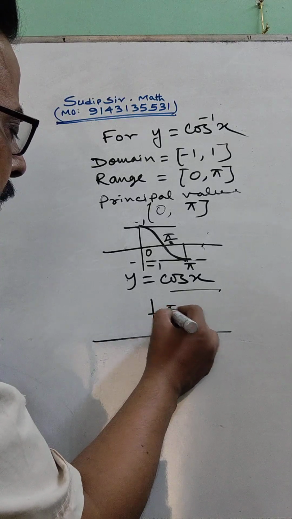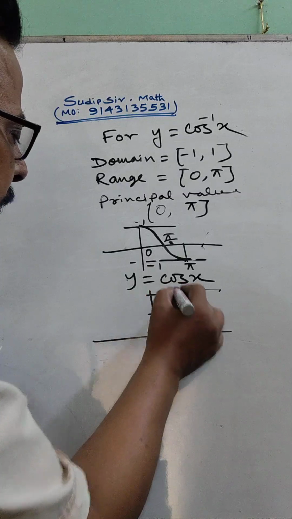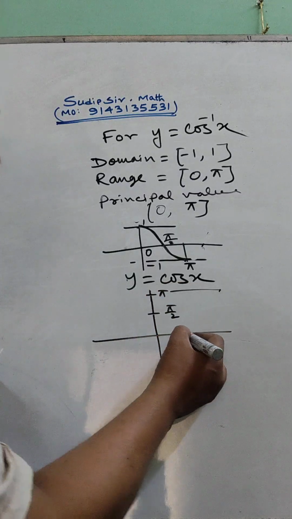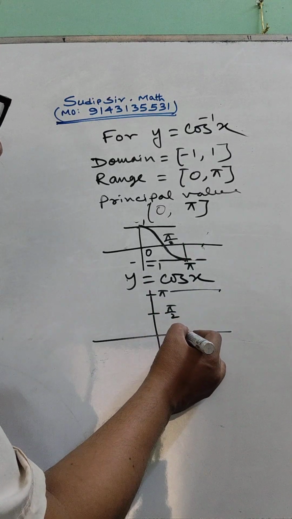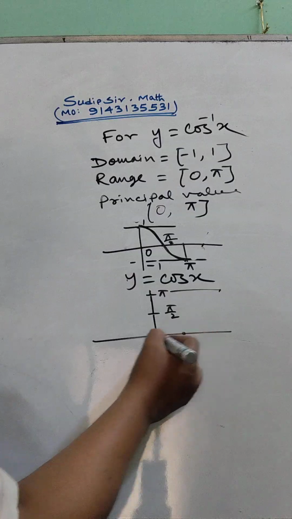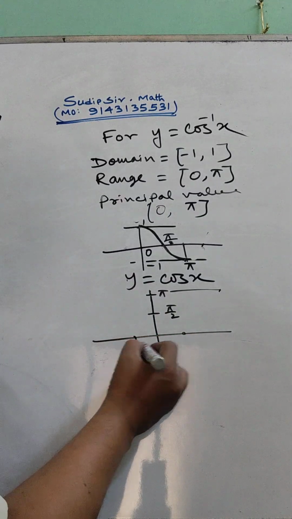But for cos inverse x, it will be pi by 2, and say if this is pi, and here it is 1 and here it is minus 1.